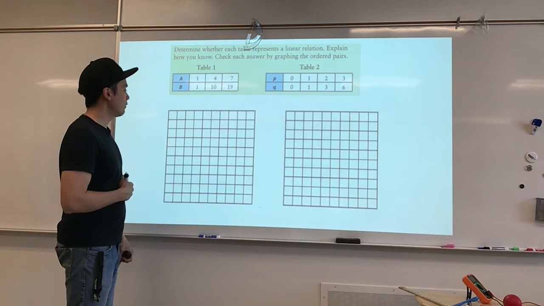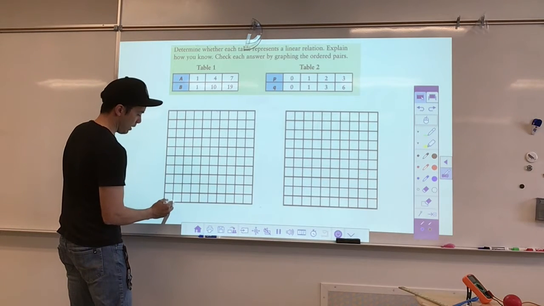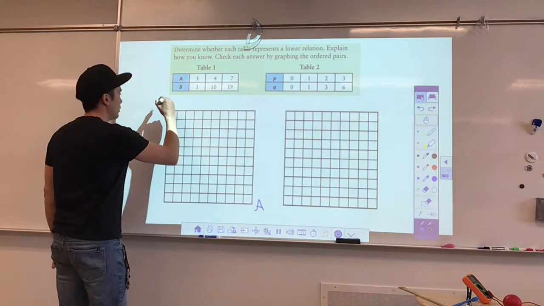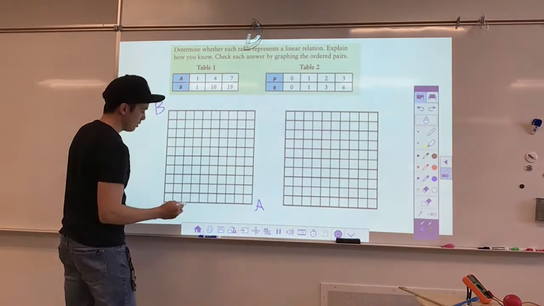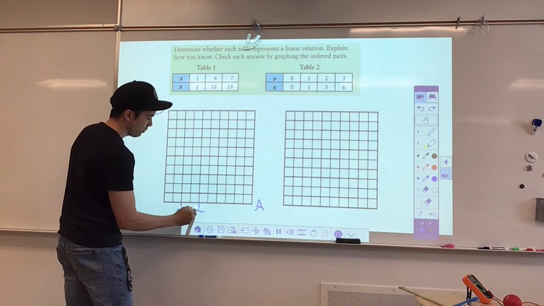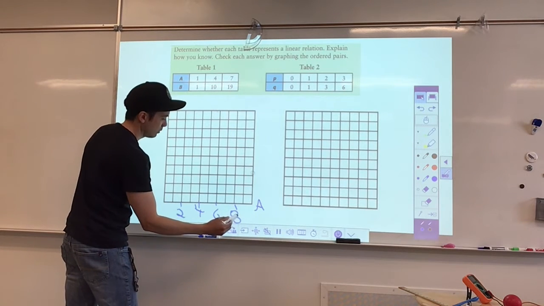If I plot table 1, my A values are going to be on the x-axis, B values on the y. I'm going to go up by ones, so that's 1, 2, 3, 4, whoops, this would be 6, and then 8.